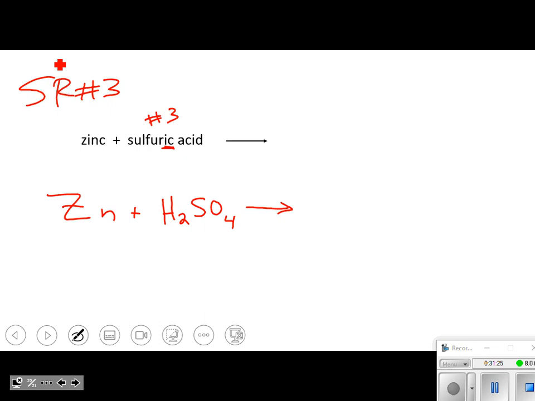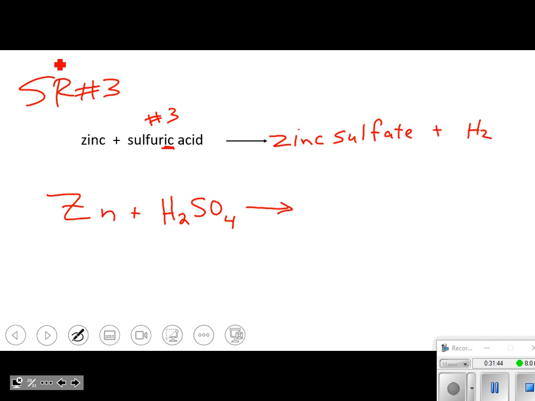Now, what's my new metal going to be? Well, it's going to be zinc sulfate and hydrogen gas. Remember, hydrogen's a super 7.